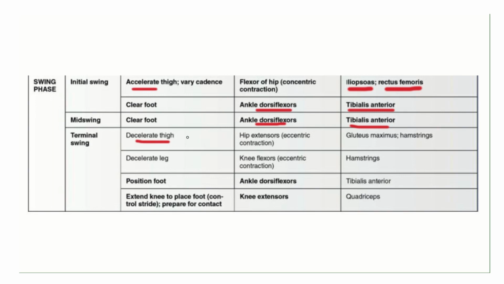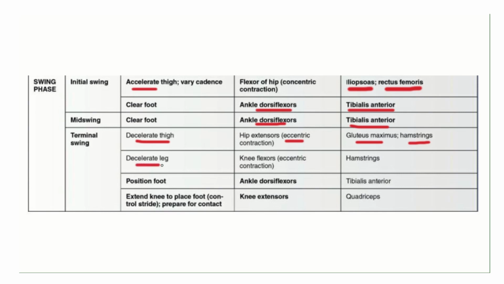Now it has to stop, and as the flexors of hip were working to accelerate it, the opposite group of muscles like hip extensors, like gluteus maximus and hamstrings, will help in deceleration or stopping the thigh, to counteract the action of flexors of hip.